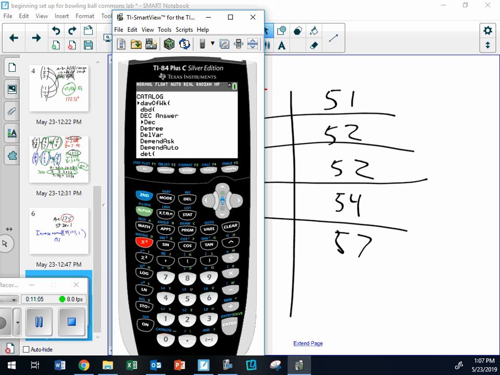There. And now I've got to arrow down until I see diagnostics. By the way, there is another way to do this, I know, but a fair number of kids in my class do not have the newest version of the calculator, and so they have to do it this way. So I'm just having everybody do it this way. Turn diagnostics on and hit enter.